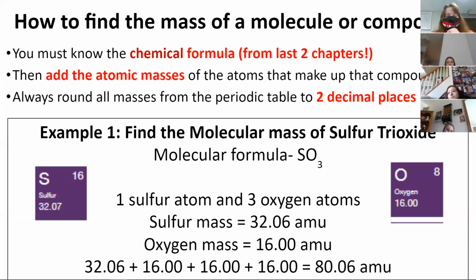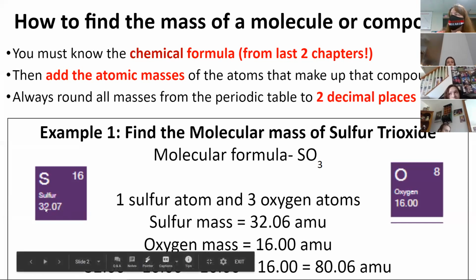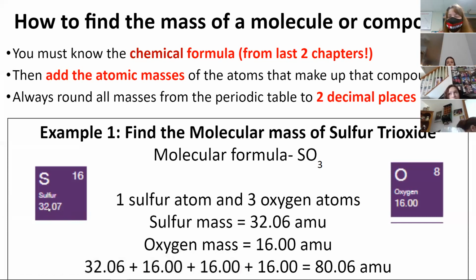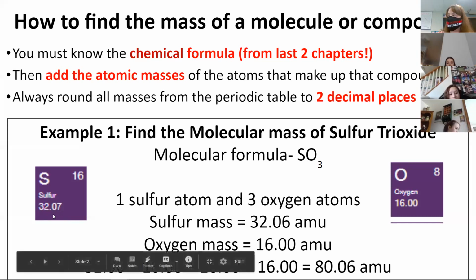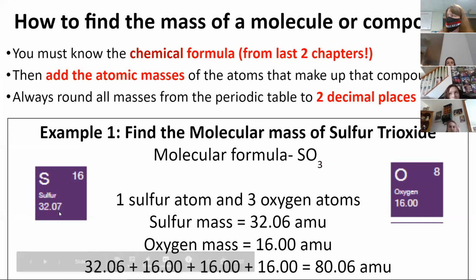Now, one thing that is important here, because we're going to need consistency moving through the rest of the year, whenever you take a mass from the periodic table, one of these decimal numbers, we are always going to record that value and use that value in our calculations to 2 decimal places, meaning 2 places past the decimal point.